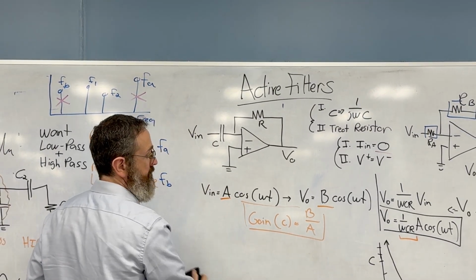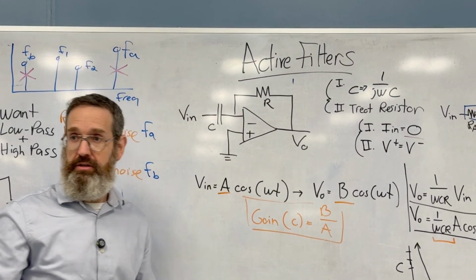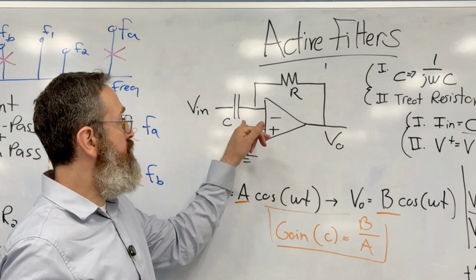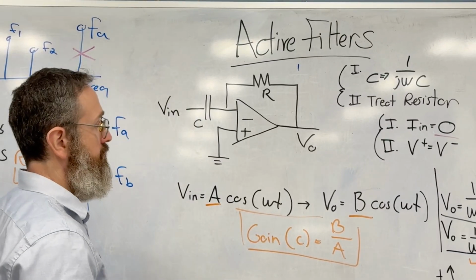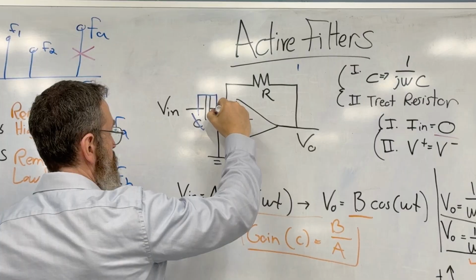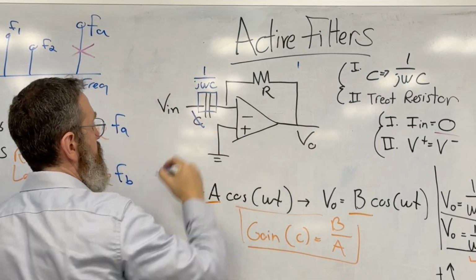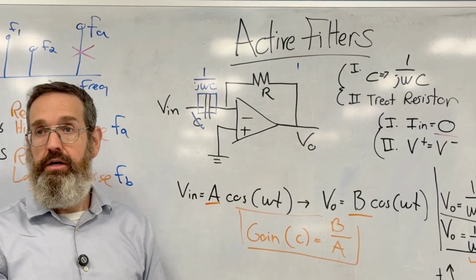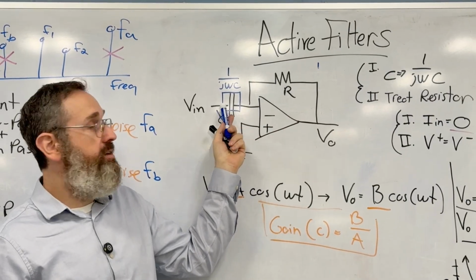Okay. We only need this much space to solve it because you know what to do. The first thing we're going to do is replace this capacitor with a 1 over JWC. And now we can treat this capacitor like a resistor. So we now have a situation where we have a resistor and a resistor.